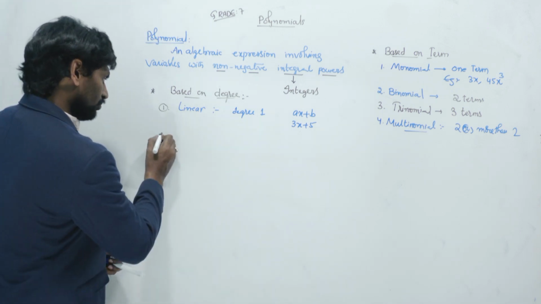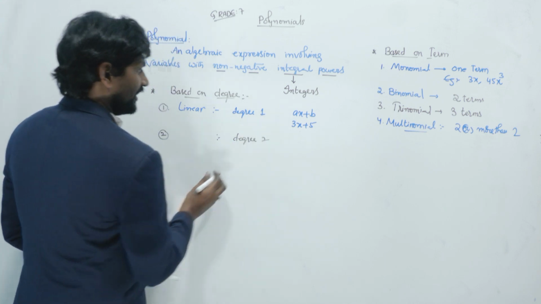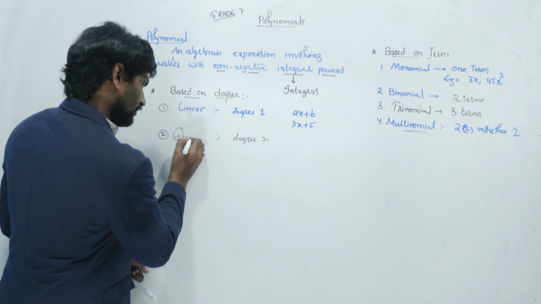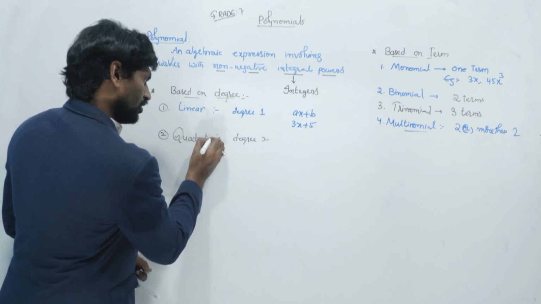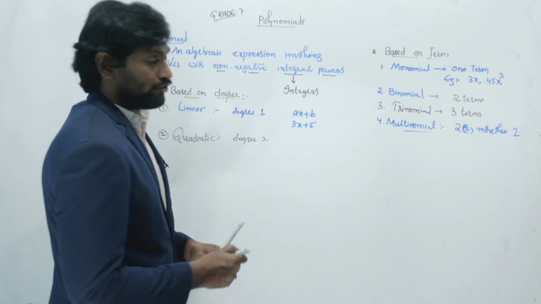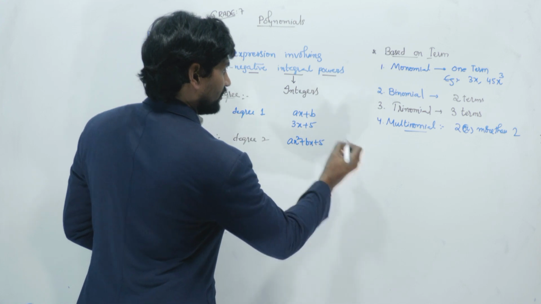Now degree 2 polynomial. Degree 2 polynomial is called quadratic polynomial and its general form is ax square plus bx plus c.